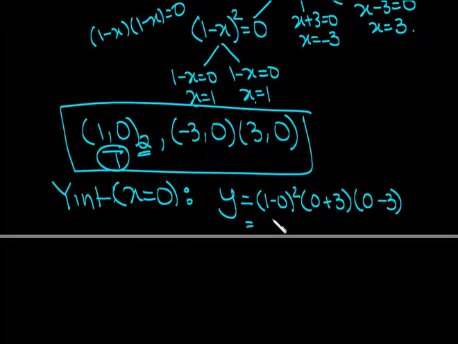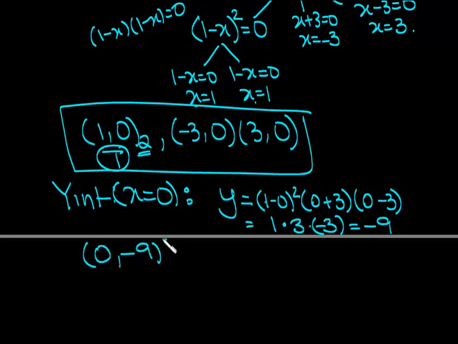So we end up with 1, because 1 squared is just 1, 0 plus 3 is 3, and 0 minus 3 is minus 3. So we end up with -9. So my y-intercept is x is 0 and y is -9. So there's my y-intercept. So we did find a y-intercept this time.